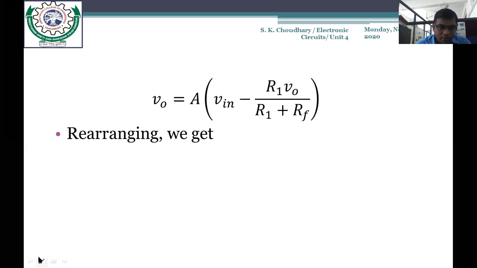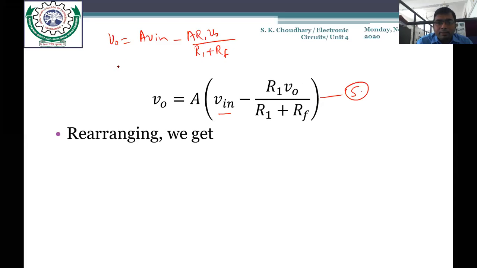So you have to substitute the value of V1, that is V in, and V2, that is R1 V0 upon R1 plus RF. This is equation number 5. Now we are going to rearrange this equation. V0 is equal to A V in minus A R1 V0 upon R1 plus RF.